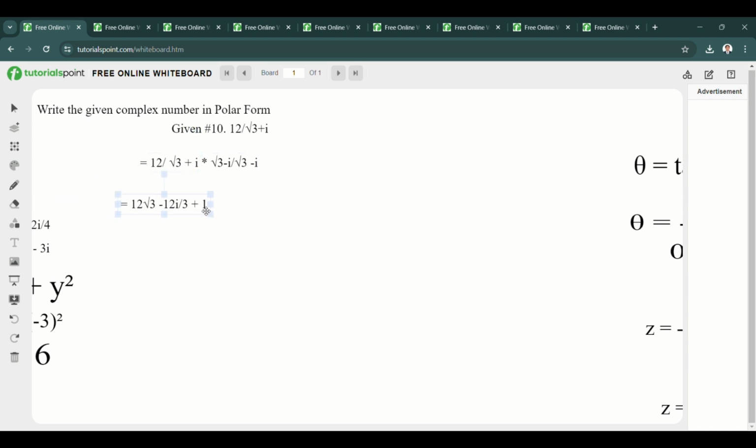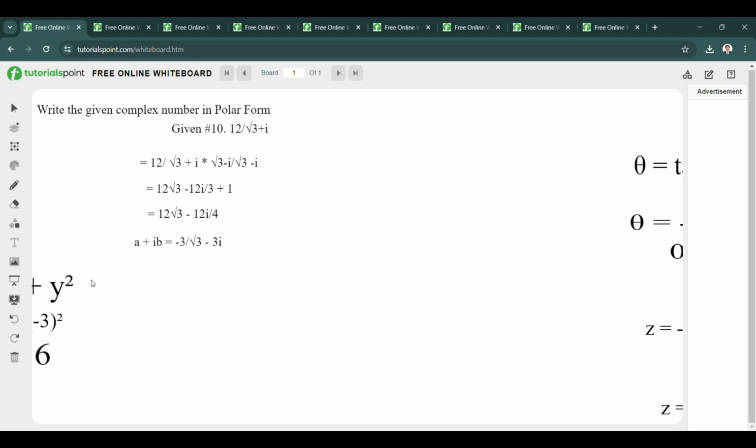Then by simplifying this, we will have the form a plus ib, which is now equal to negative 3 over square root of 3 minus 3i.